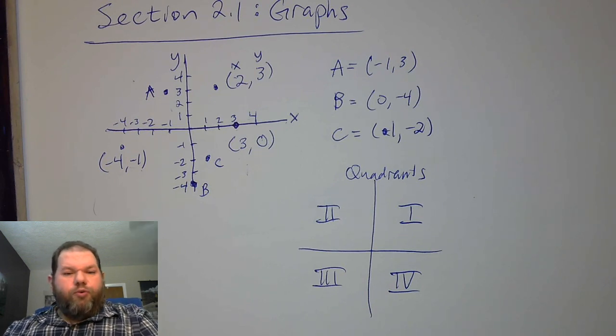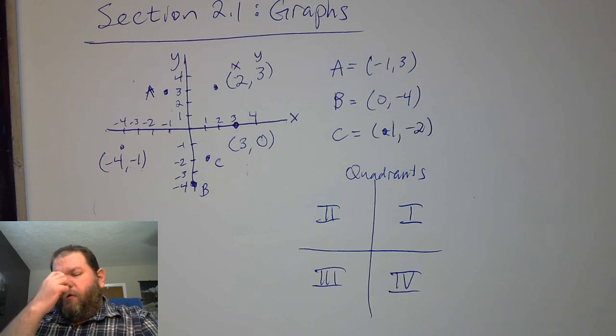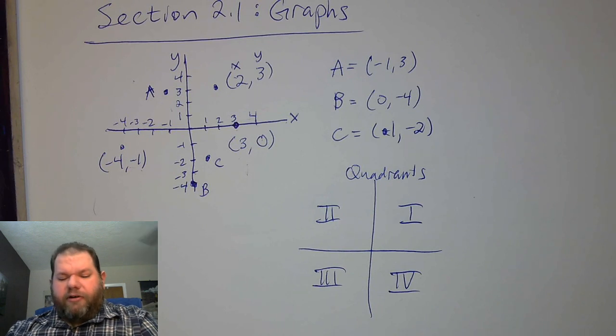Quadrants we don't really need to worry about a whole lot. Like I said, most of the time when we're working with applications, we're going to stay in quadrant 1, except for the functions that could potentially have negative values, in which case we'll also use quadrant 4. As far as applications go, I don't think we ever use quadrants 3 or 2.